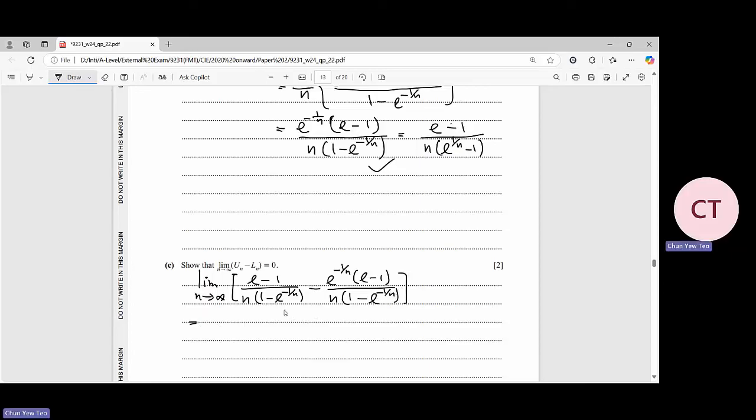So you can see the reason I want to remain with this form is because I want to make the denominator the same. With the same denominator, it's easier for me, as we can factorize the common factor out.